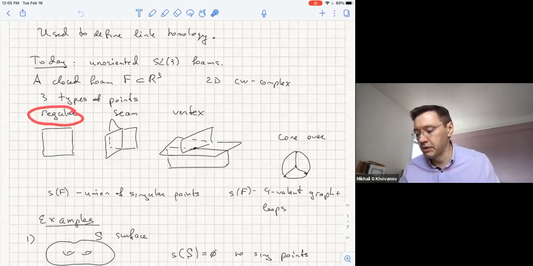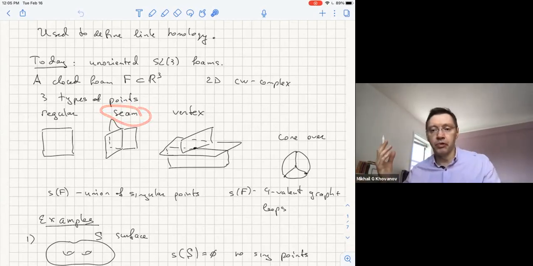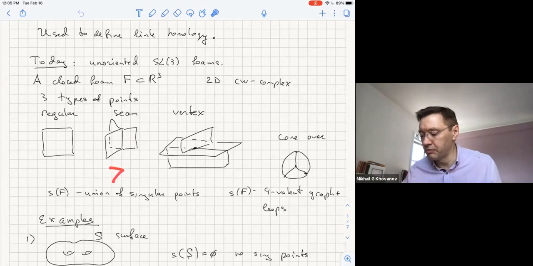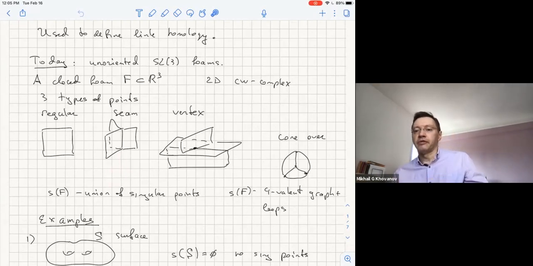Regular points, which have neighborhoods homeomorphic to a disk. And points along the seams. A point along the seam has a neighborhood homeomorphic to the product of a tripod, the graph with three edges, and an interval. So it's tripod times an interval.